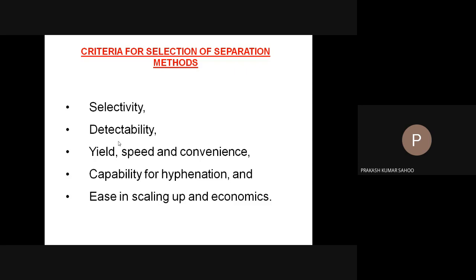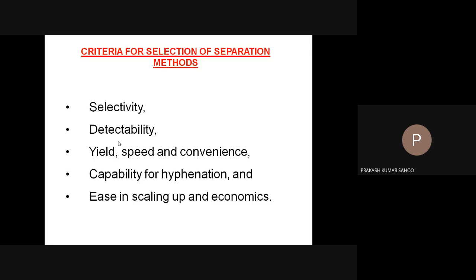That means reproducibility is getting the same reading by repeating the same procedure again and again. This is another criterion for the selection of your separation method.